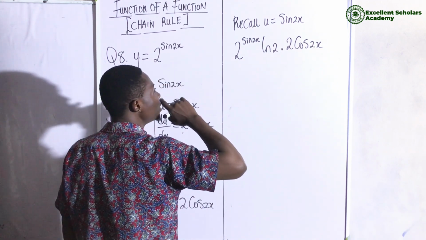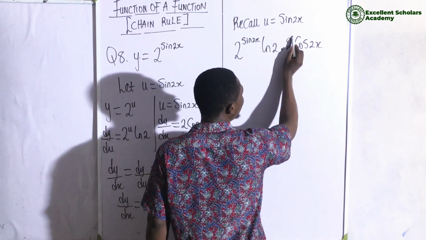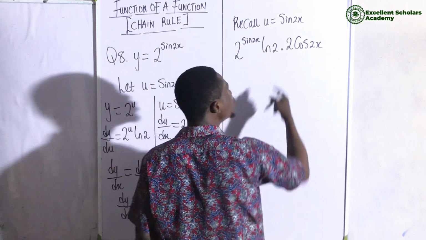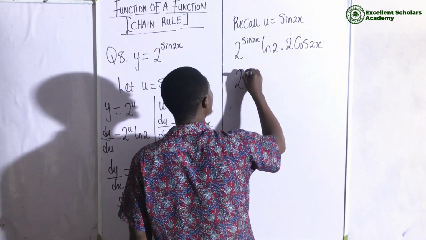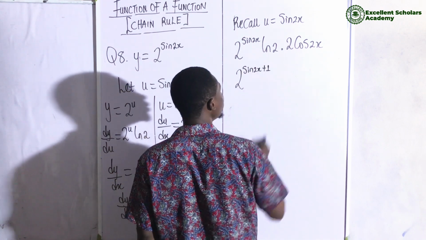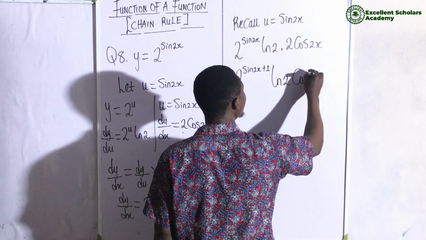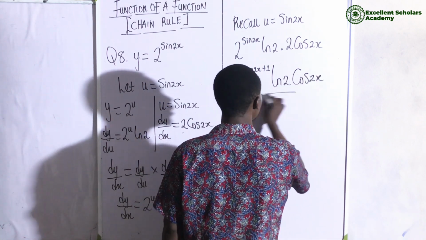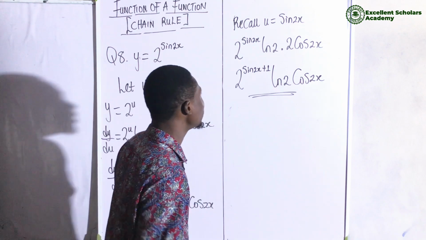Now, according to the law of indices, this is 2 and this is 2. This has an invisible power of 1. So we can bring them together by the multiplication law of indices. This now finally becomes 2 to the power of sine 2x plus 1, then ln 2 cos 2x. And this is going to be our final answer.